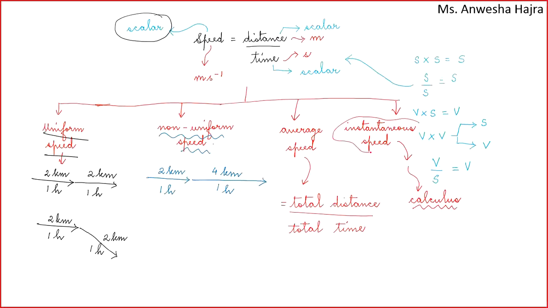Instantaneous speed is a speed which changes every instant, which can only be calculated with the help of calculus. So as we go through the chapter, we might come across uniform speed, non-uniform speed, average speed, which is total distance by total time, and instantaneous speed, which changes every moment.